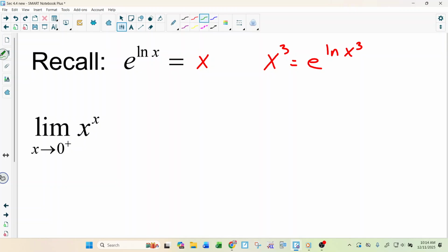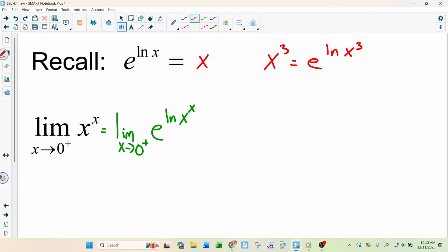What we can do is take this limit and rewrite this as e to the natural log of x to the x. Now, why would you ever want to do that?